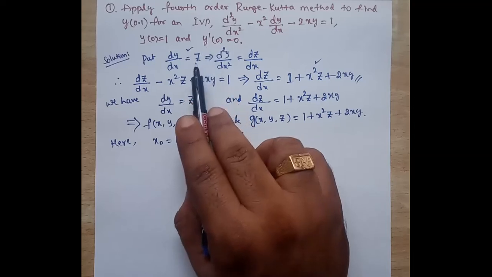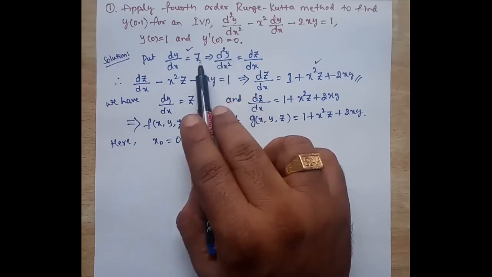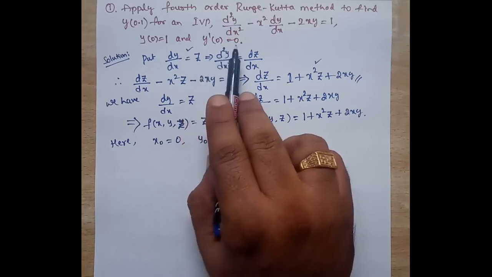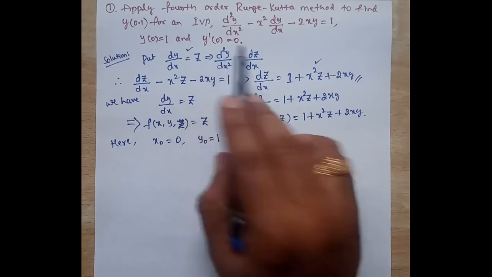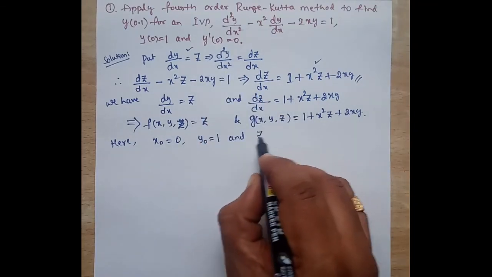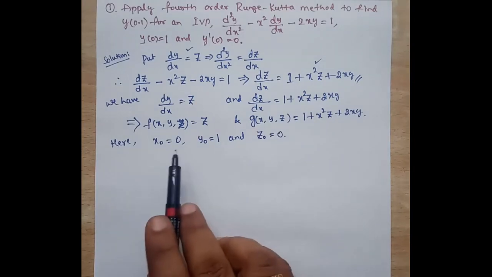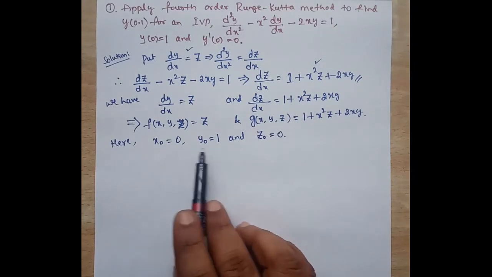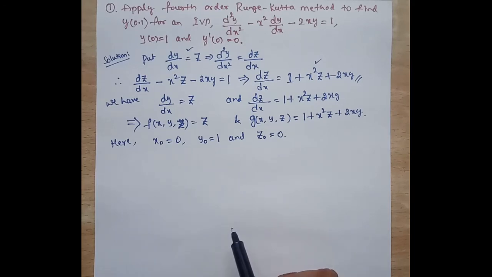So y dash can be written as z. So this is the value of y naught dash. Y naught dash is same as z naught. So the value of y dash is nothing but z here. So I can take this as z naught. Z naught equals 0. So these are the initial conditions of the problem. X naught is 0, y naught is 1, and z naught is 0.